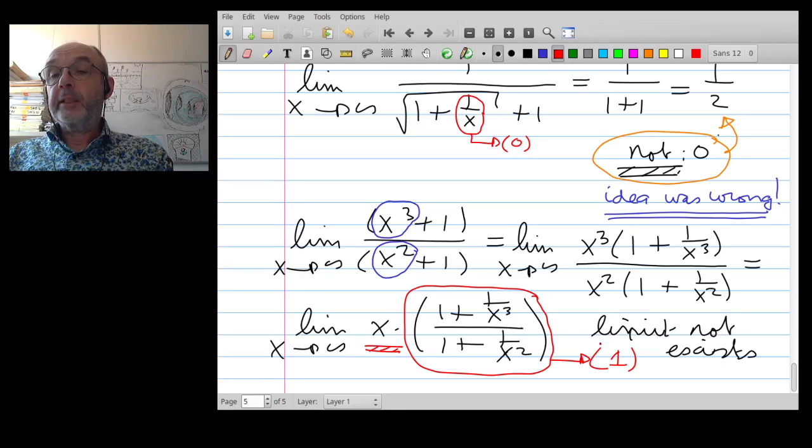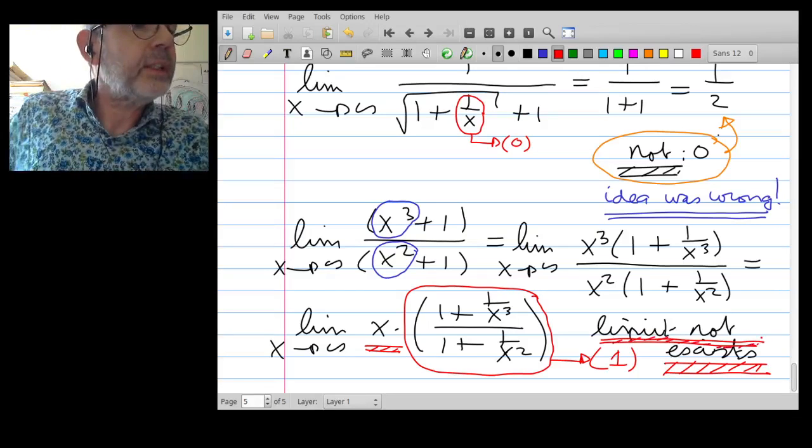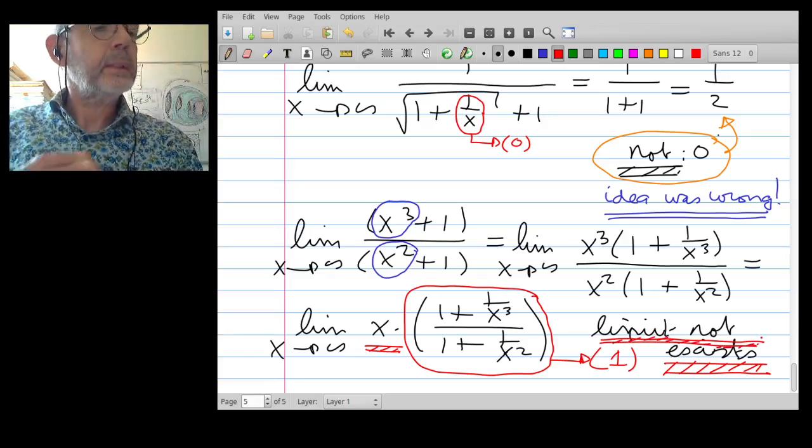That we will give as an answer, and we will not give infinity or something like that. No, here the limit does not exist. That expression goes to infinity, so we don't have it.